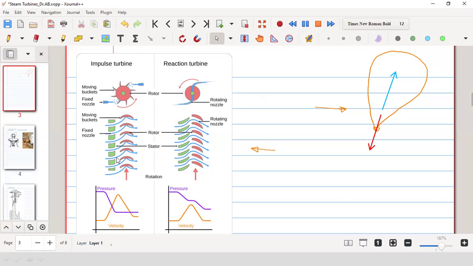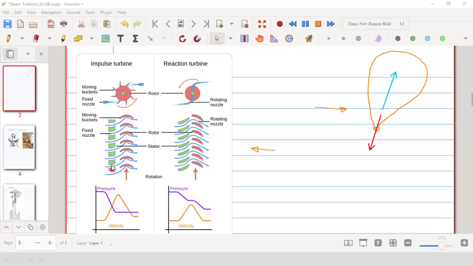Now, what is happening to the velocity and pressure? Let us see. As we know, in the nozzle the pressure is reduced and at the exit of the nozzle the velocity is increased. Try to follow one by one.